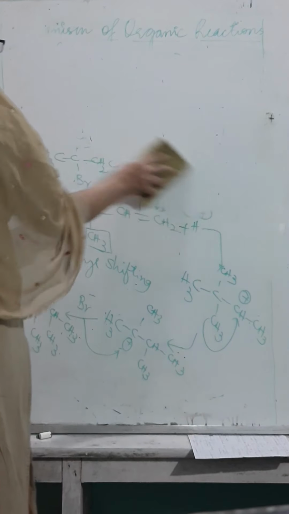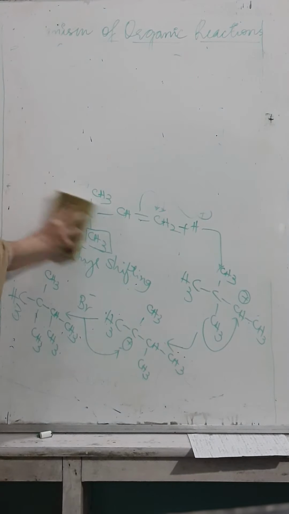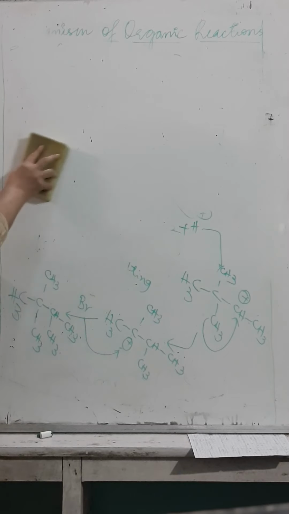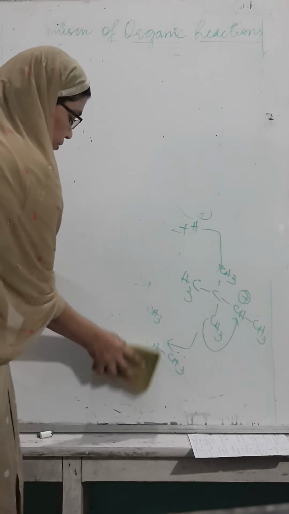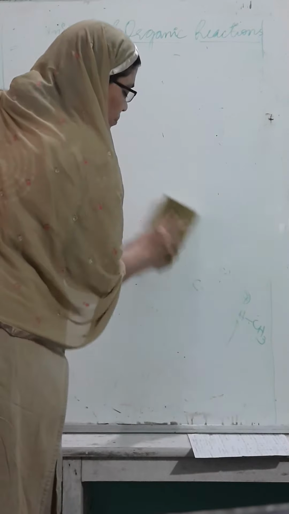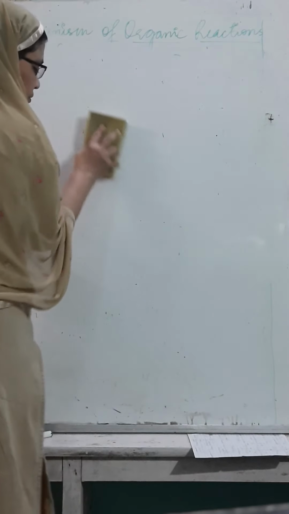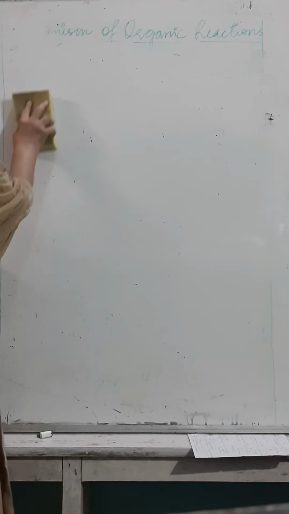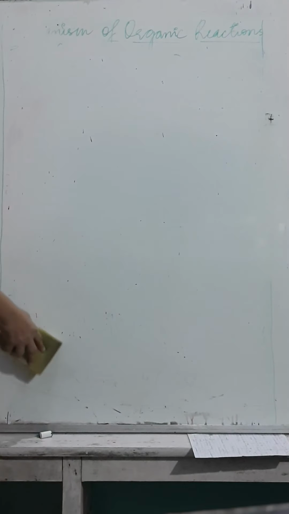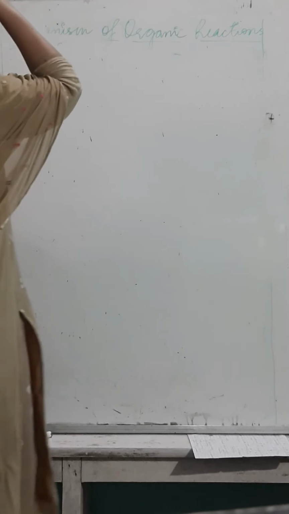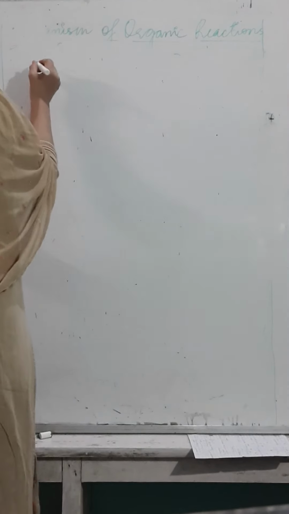Usually we use bromine in carbon tetrachloride. These examples are very, very important. Practice all of them and understand that we need to remember the stability of carbocation for mechanisms. Not only carbocation, but also free radical and carbanion.